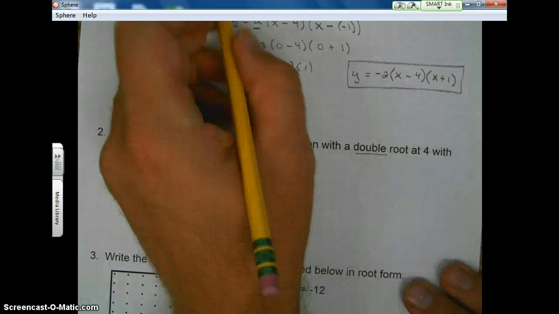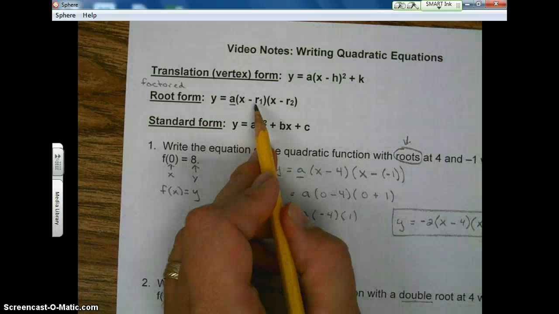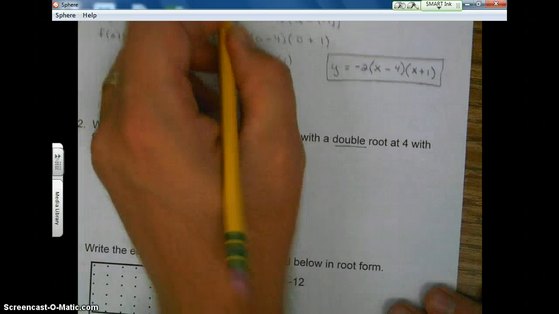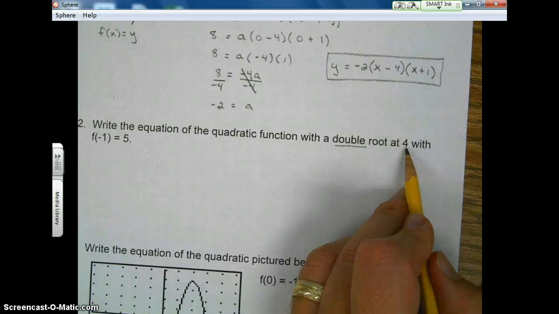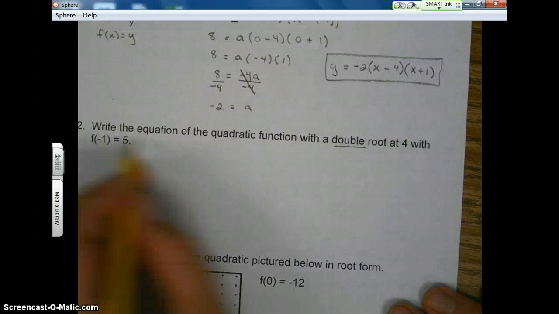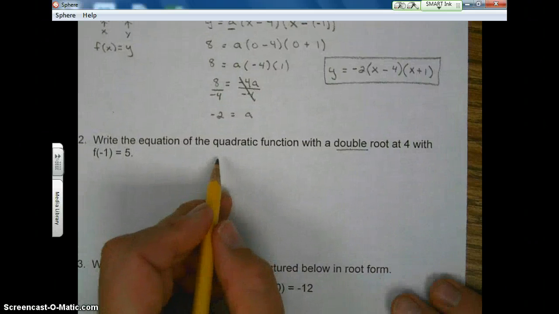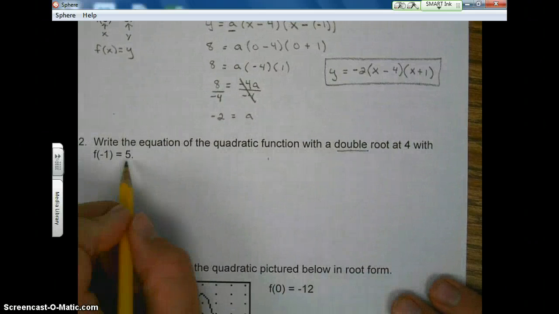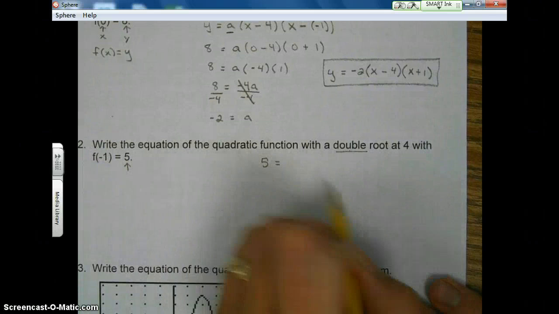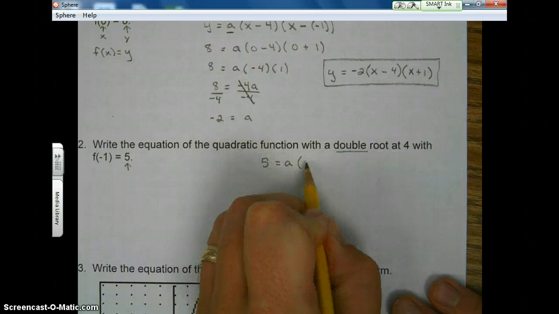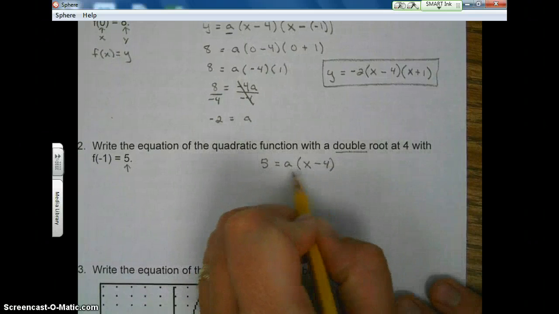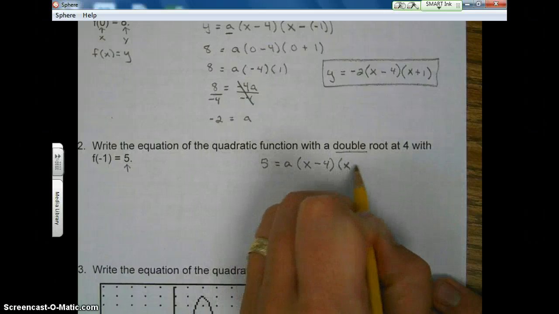So when you plug them into the form, r1 and r2 are both going to be 4. So again, we have y, which is 5, equals a times x minus 4 times x minus 4.